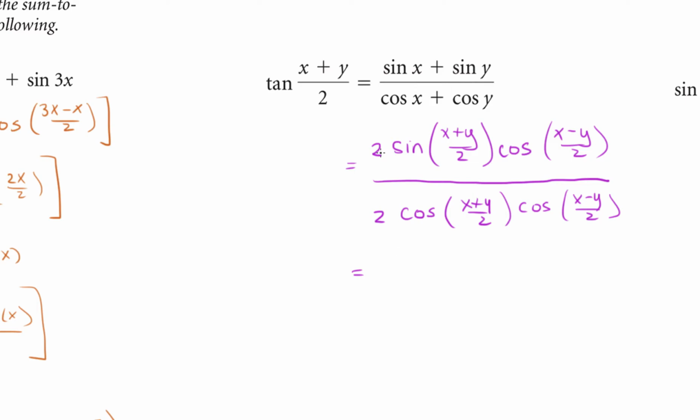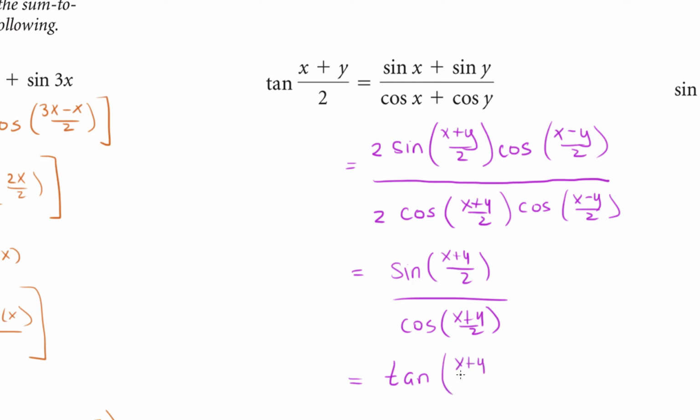Now again, 2 over 2 is 1, and cosine of (x minus y)/2 divided by cosine of (x minus y)/2 is also 1. You're left with sine of (x plus y)/2 over cosine of (x plus y)/2, which by definition of the trigonometric functions is equal to tangent of (x plus y)/2. And that will be your answer.